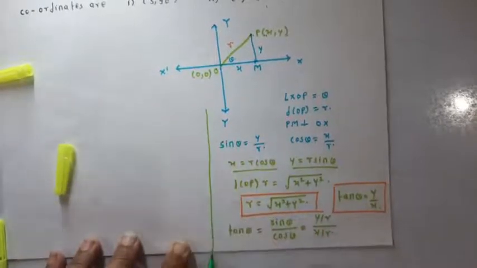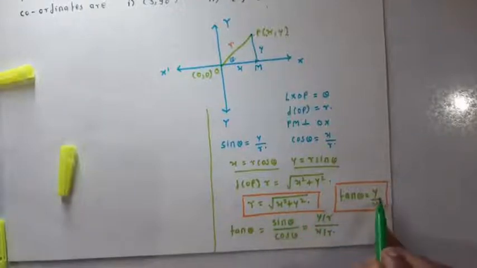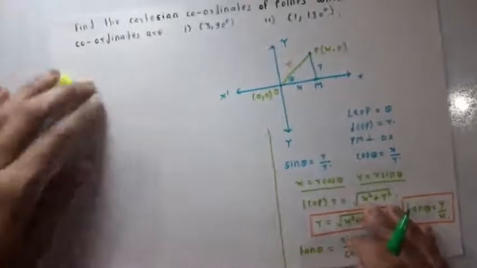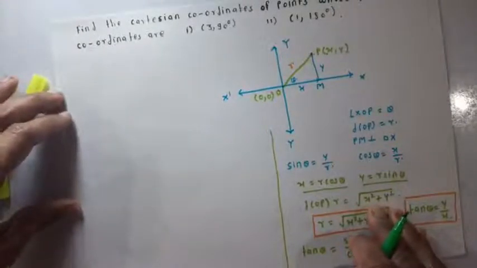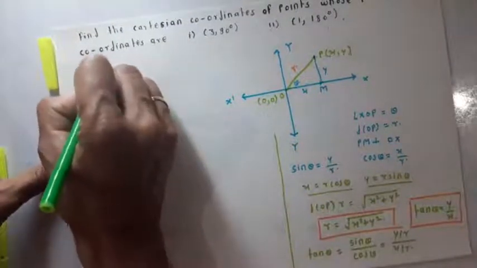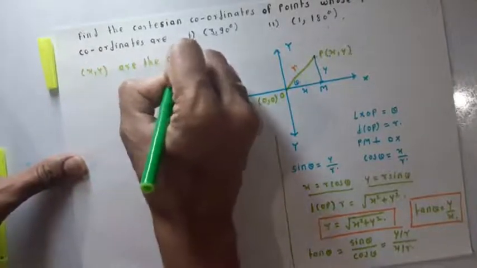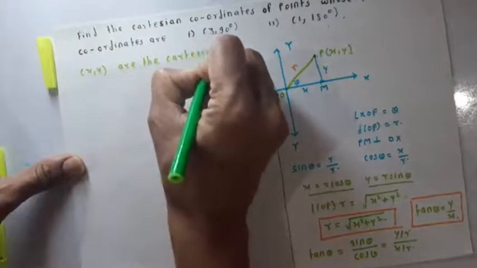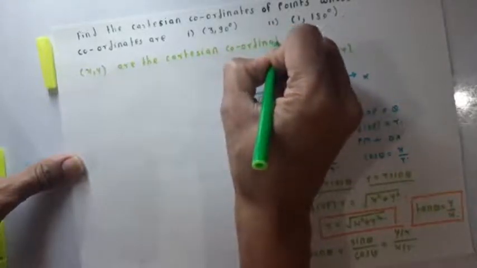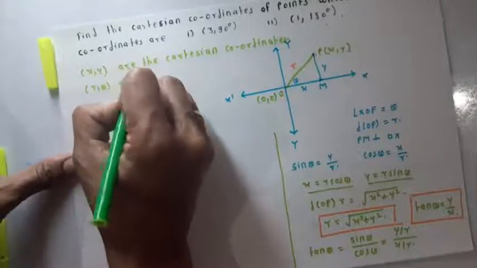Okay students, r equals the square root of x square plus y square and tan theta equals y upon x. The polar coordinates are given by (r, theta). x and y are the Cartesian coordinates, and r, theta are the polar coordinates.